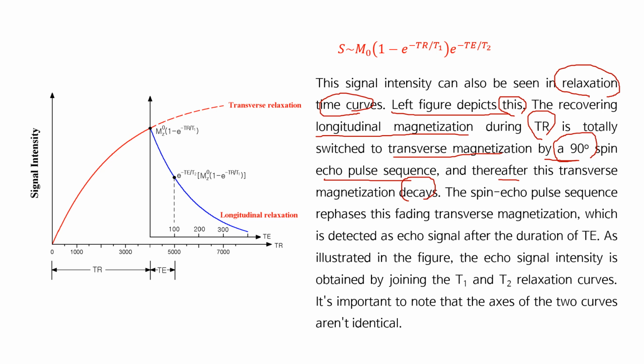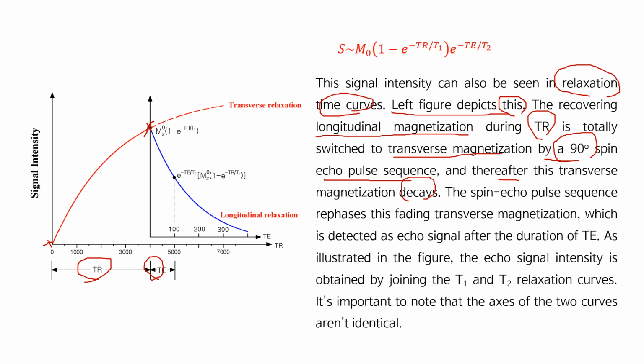Okay, so in this figure, longitudinal magnetization is recovering during the time of TR, and at this moment the spin echo pulse is turned on, so transverse magnetization is decaying, and after TE we have the echo signal, right?